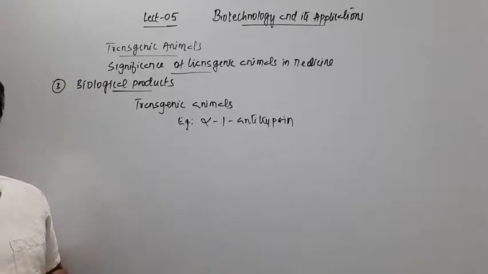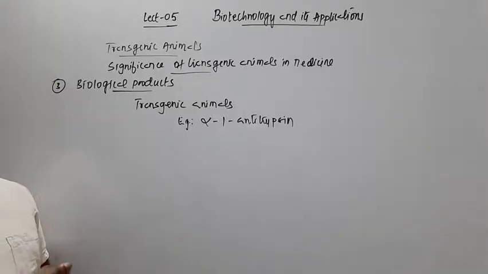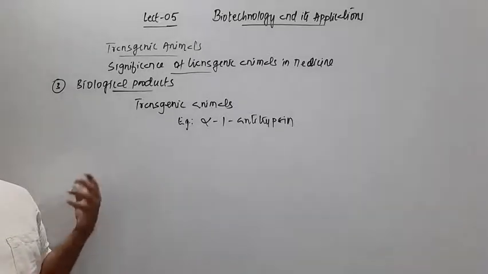It is generally produced in human beings, and what they have done is isolate the gene which produces this alpha-1 antitrypsin from the human being and insert it into an animal. Here, mostly, I said they are all mice.